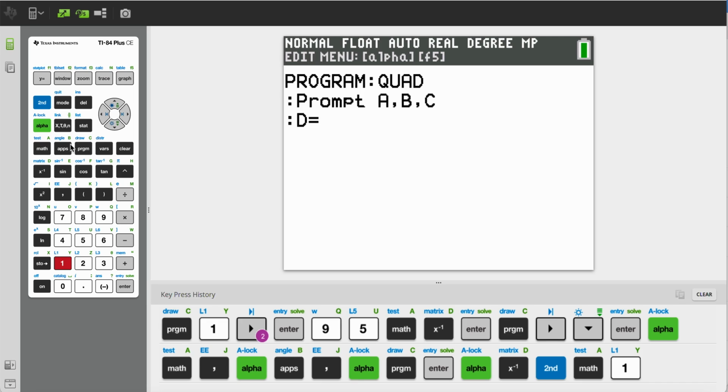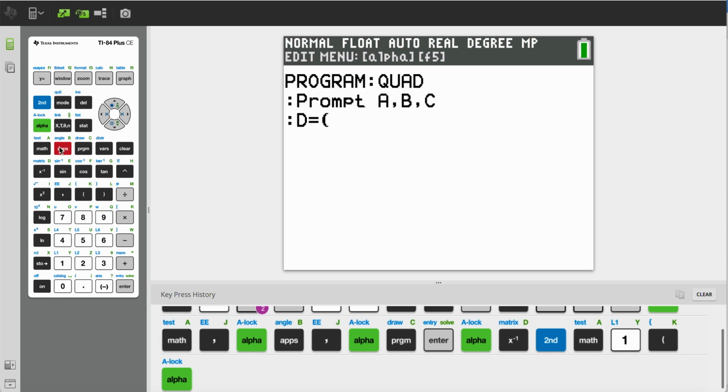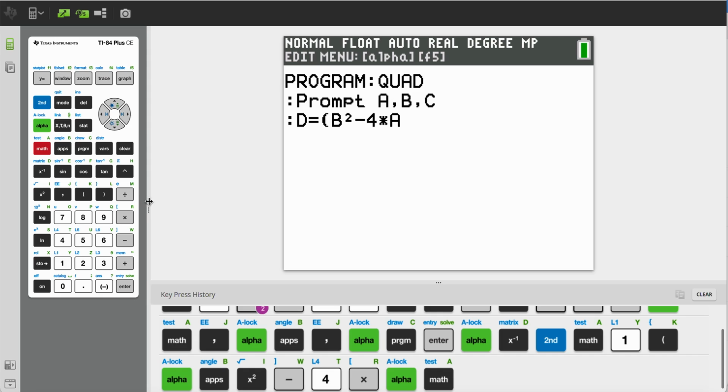So what we want here now is the determinant, D, going to be equal to the quantity, I'm going to do parentheses, B, which is alpha B, squared, minus 4 times alpha A times alpha C, close parentheses. That entire quantity we want the square root.